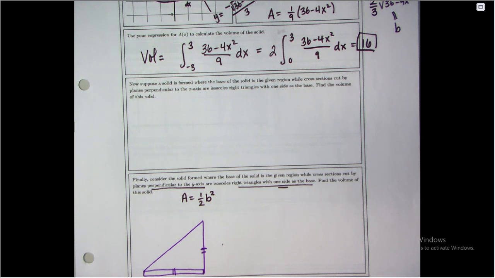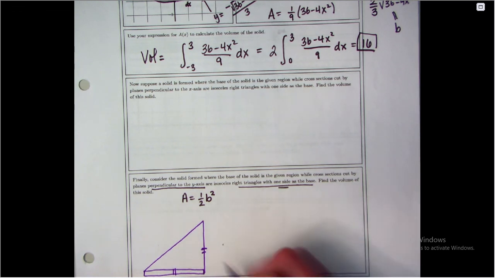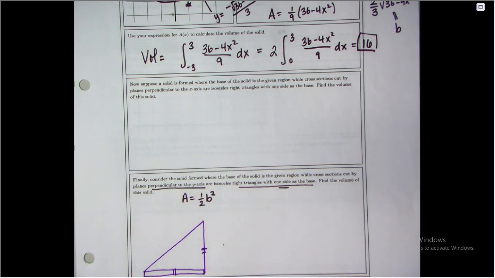You can use the one that we did at the top to see why it would be equal to 2 times the square root of 36 minus 9y squared all over 4. So go ahead and solve your equation to say x equals in terms of y.